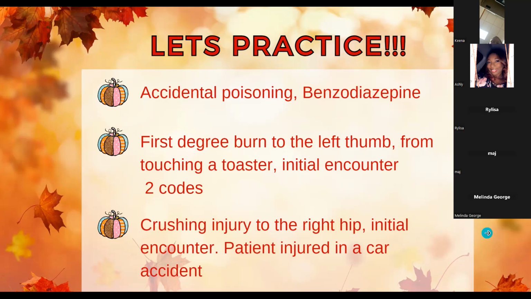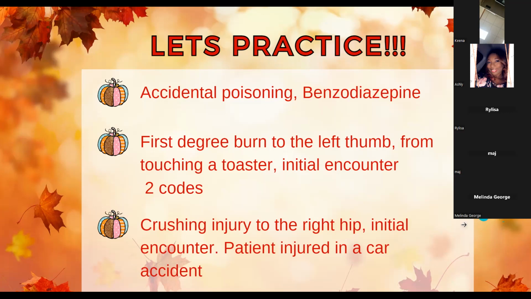And I think there's a difference. When we get to that code, we will probably figure out that there's passenger, driver, or unspecified, and we'll probably have to use an unspecified code for that because I forgot to put what role they were playing in that car accident.